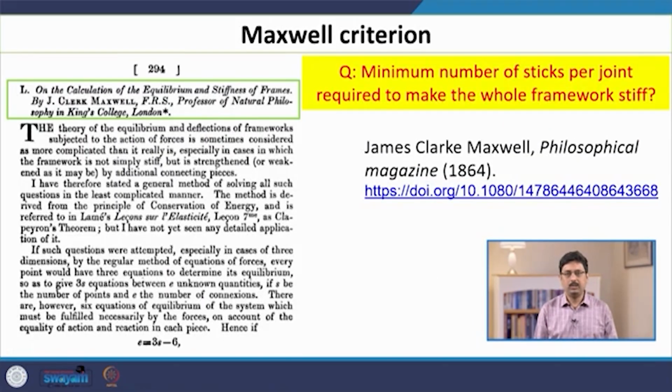Now, here I want to mention a nice piece of history, because it illustrates nicely the relation between the engineering point of view and the physics point of view.